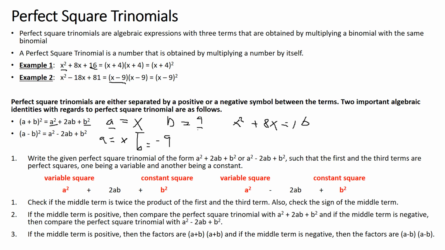And then when I put a squared minus 2ab plus b squared, if a is x, then a squared is x squared. X squared minus 2ab, which is 2 times x times negative 9, which is negative 18x. And then my b squared equals negative 9 times negative 9, which is plus 81.